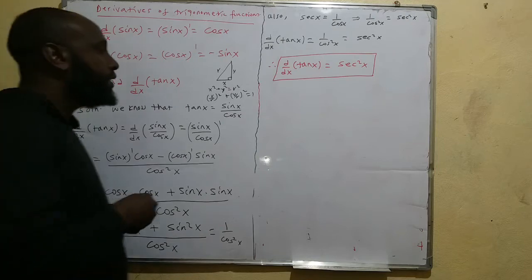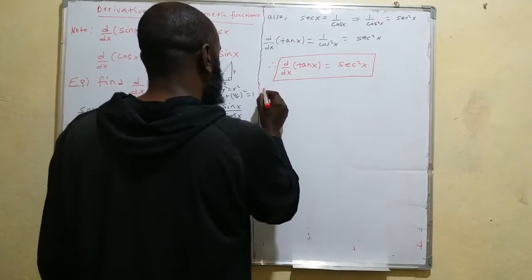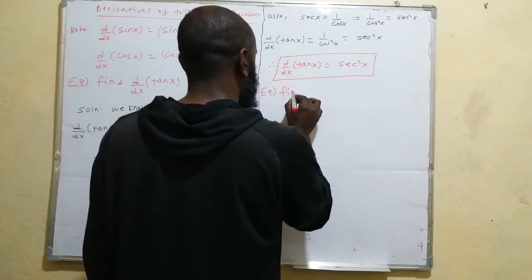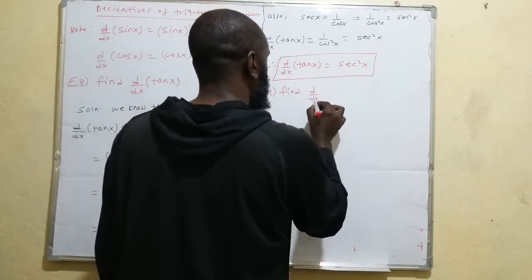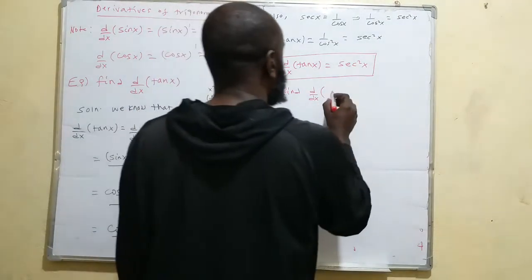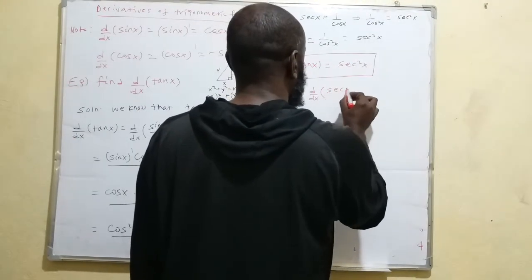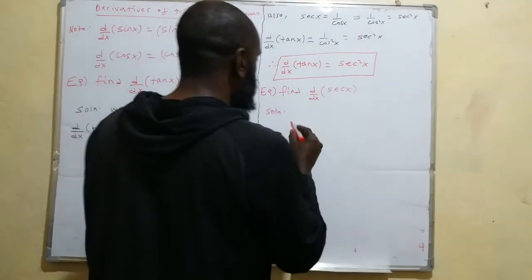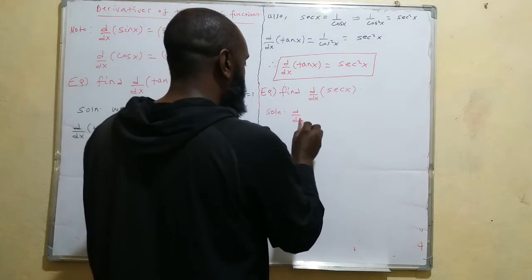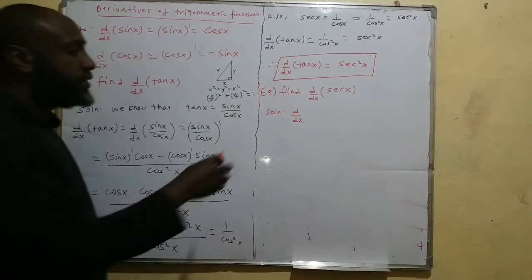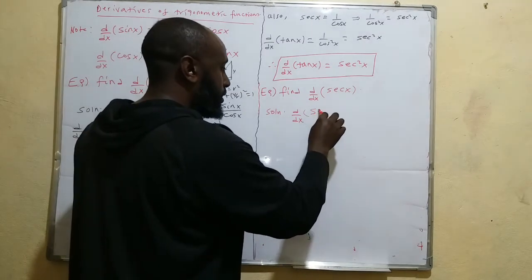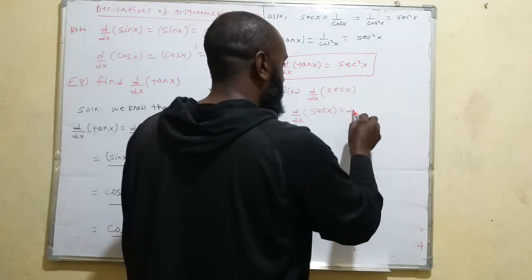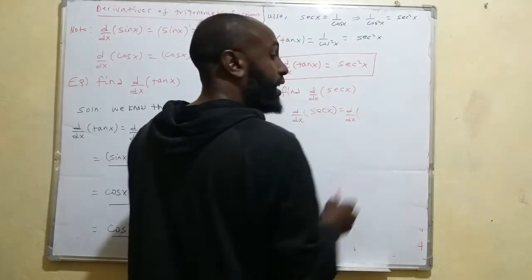Okay, now let us see the second example. Find the derivative of sec x. As a solution, this is d by dx of sec x.